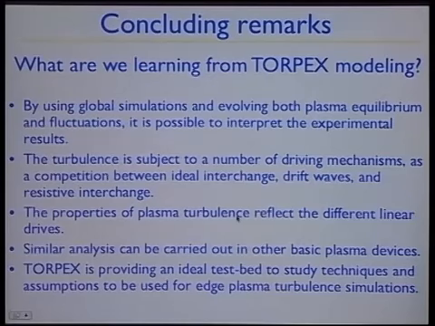And the properties of plasma turbulence reflect different linear drives. We have talked about Helimac, but also LAPD. Similar analyses can be carried out in other basic plasma physics experiments. But the important point is that TORPEX is providing an ideal test bed to study techniques and assumptions that have to be used, or have not to be used, for the study of plasma edge turbulence.